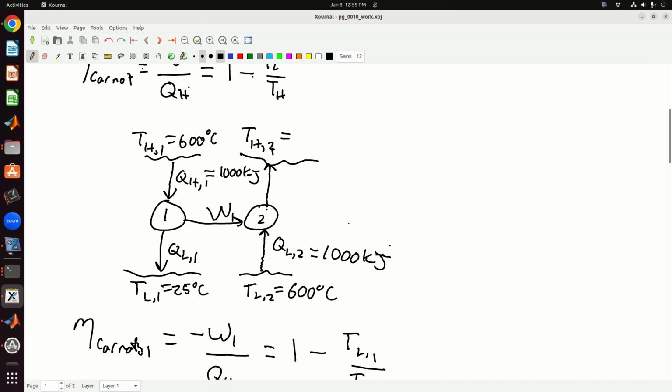What's key is within our cycle, it's a closed system, no mass is being lost to my surroundings, so mass will be constant within that cycle. And so mass would cancel out of that expression.